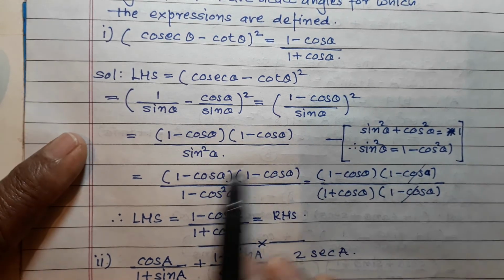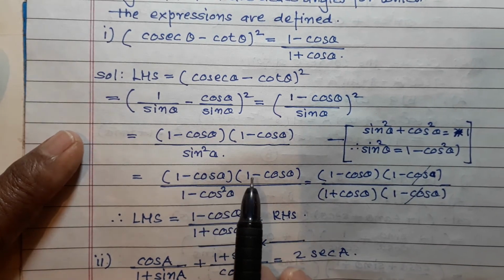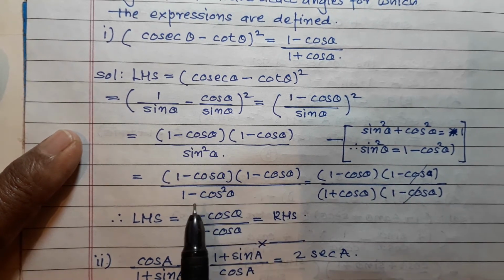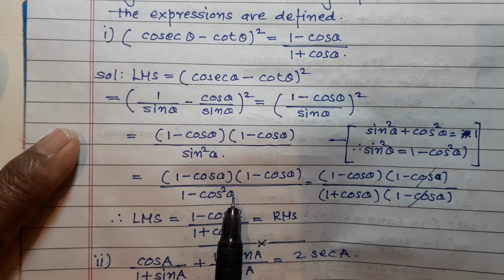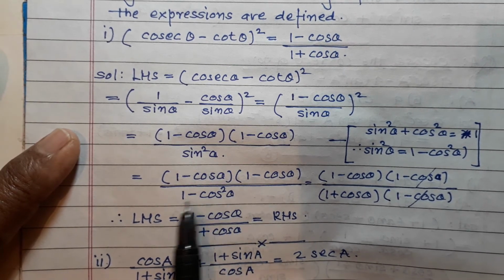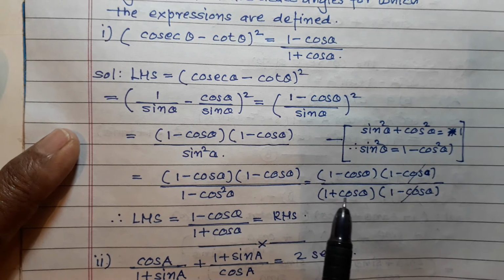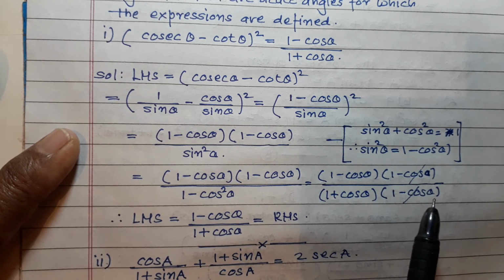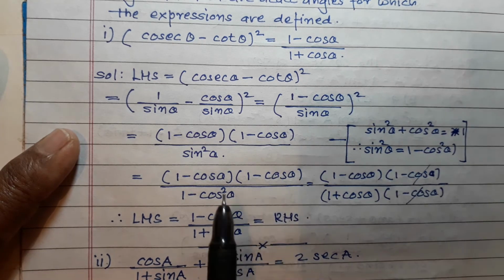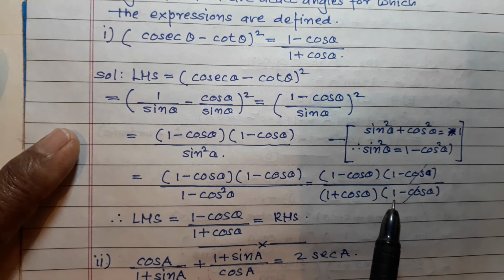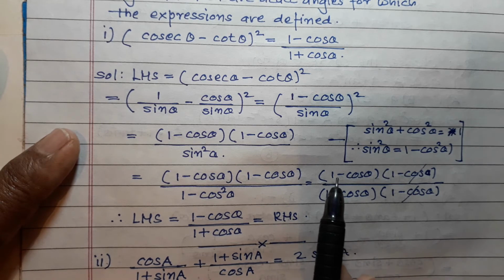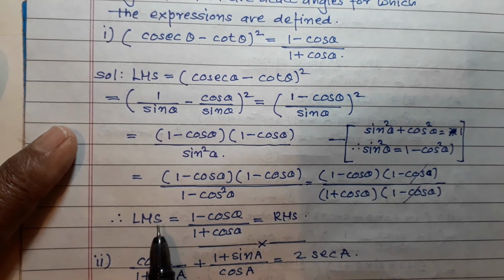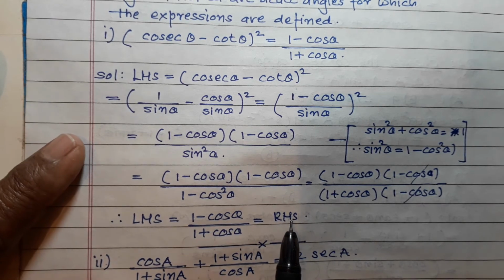Now sin square theta is equal to 1 minus cos square theta by identity, and again you convert this into (1 minus cos theta) into (1 plus cos theta). So 1 minus cos theta gets cancelled, and it is equal to 1 minus cos theta upon 1 plus cos theta. Hence left hand side is equal to right hand side.